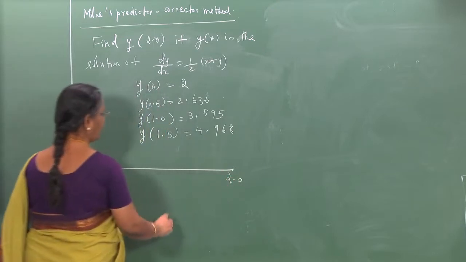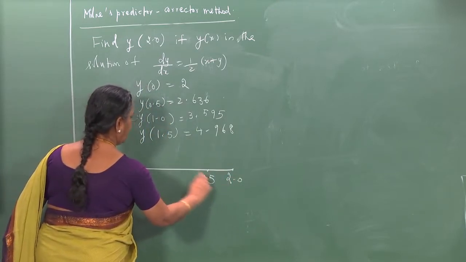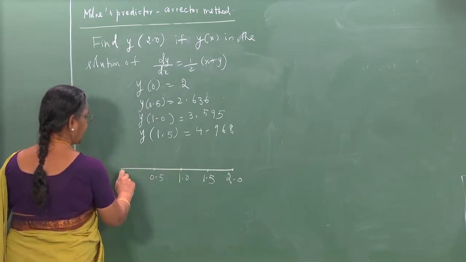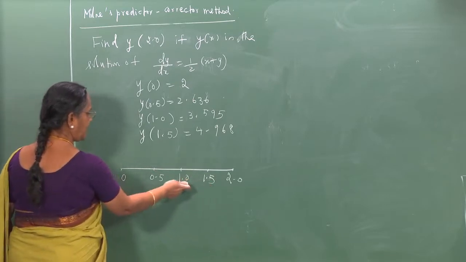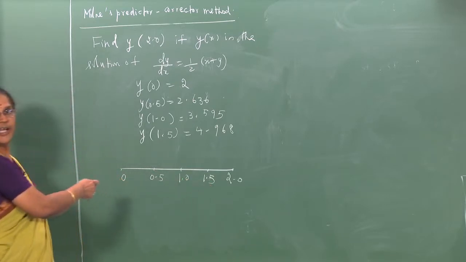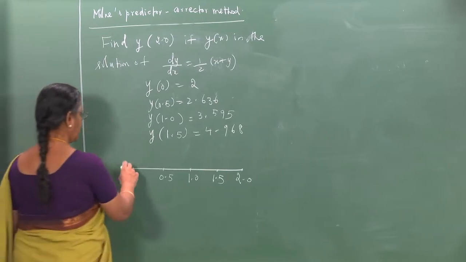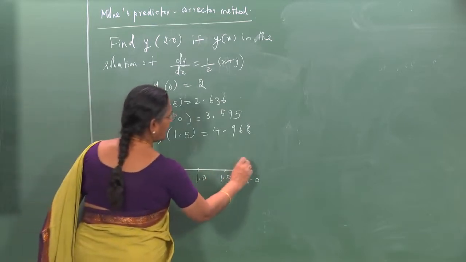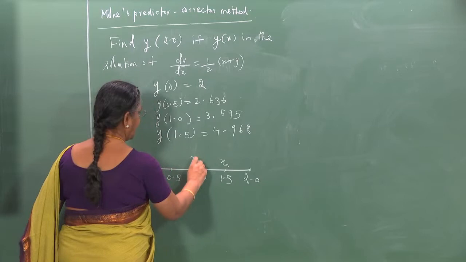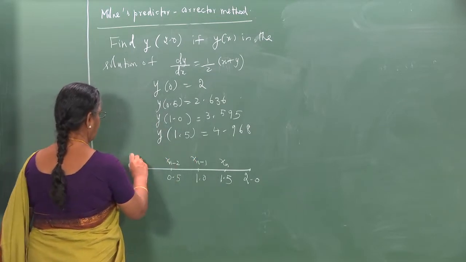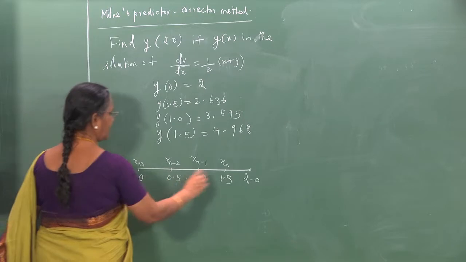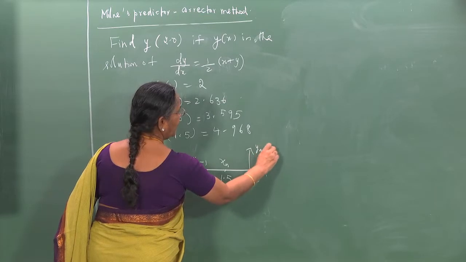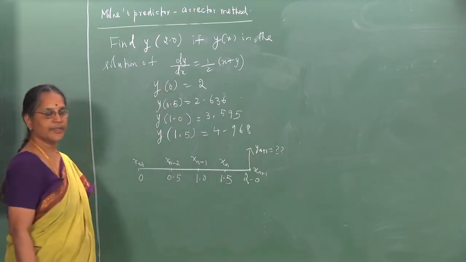solution at 2, and we are given information at 1.5, 1, 0.5 and 0. So, we have information at previously located equally spaced points, which we call as xn, xn minus 1, xn minus 2, xn minus 3, and the solution is required at xn plus 1, namely yn plus 1 is required.